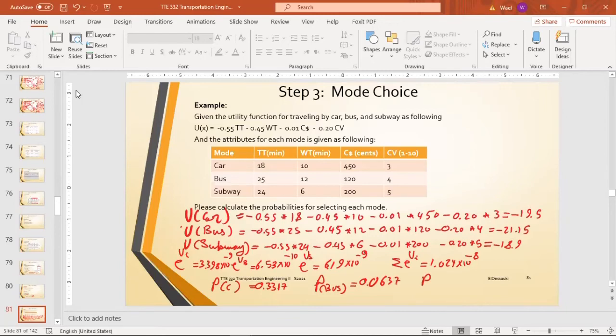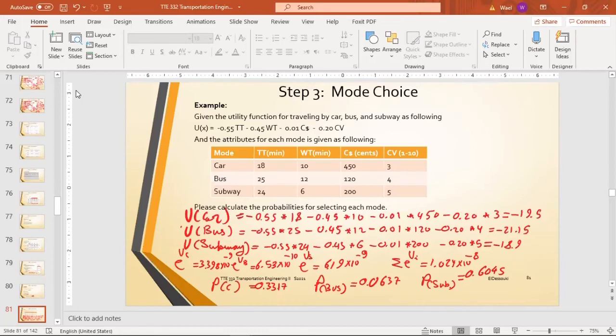And the probability of subway equals 6.19 e to the power minus 9 divided by that, so it's 0.6045.